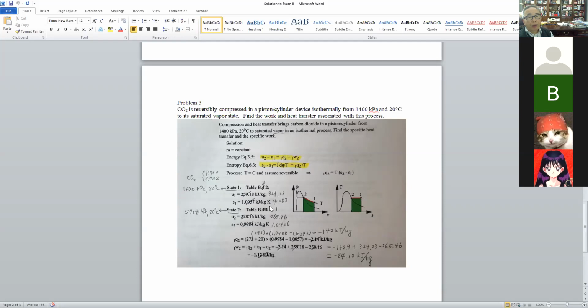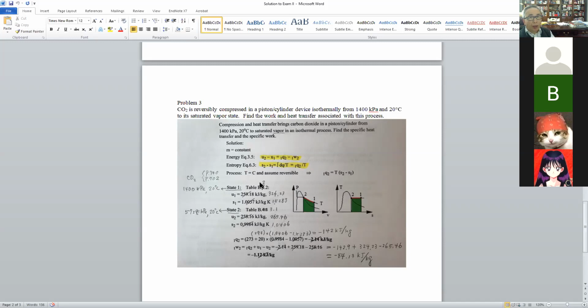From the table, we can find these tabulated numbers. So the properties are known. Why do we need to dig out these 2 numbers? Because the left-hand side of the first law and the second law requires these 2.